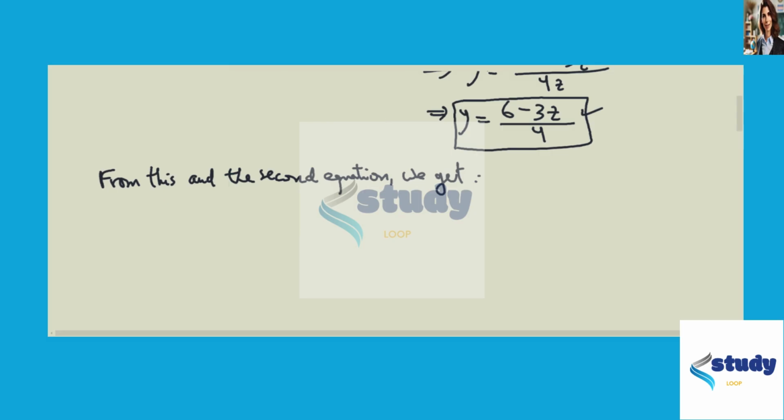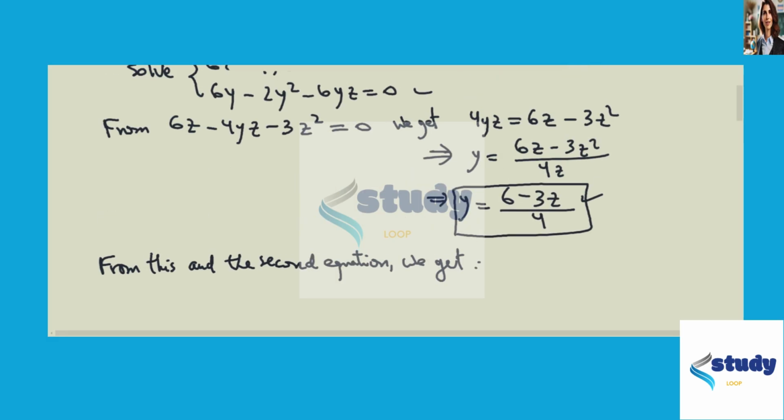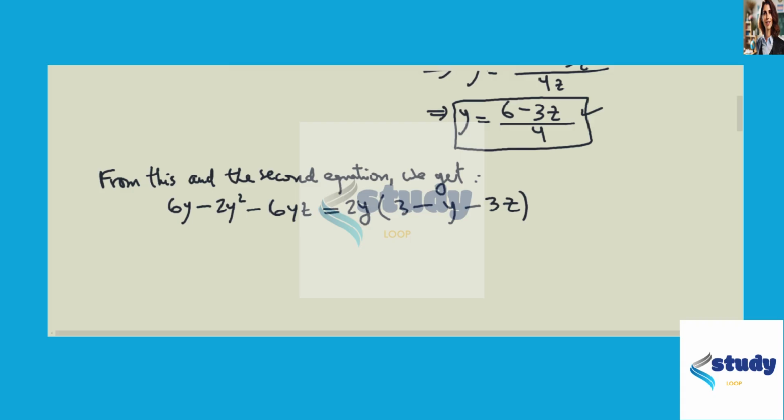That will be better. So we write here the equation 6y minus 2y squared minus 6yz. We can say that is equal to 2y times 3 minus y minus 3z. And with that, we write y twice only.